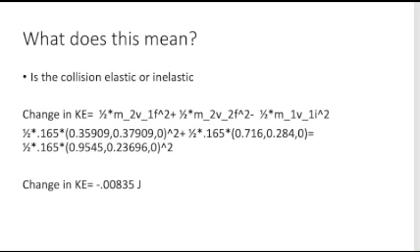And the initial kinetic energy of the system, because the red ball has a 0 initial velocity, is just the kinetic energy of the black ball with its initial velocity. After plugging all the data into that equation, we figure out that there was a slight change in kinetic energy. This means that the collision was inelastic.